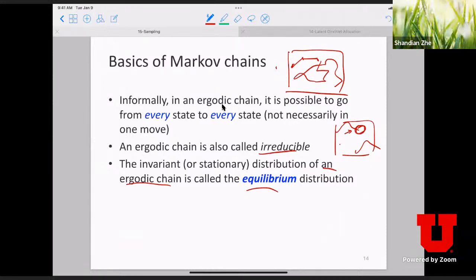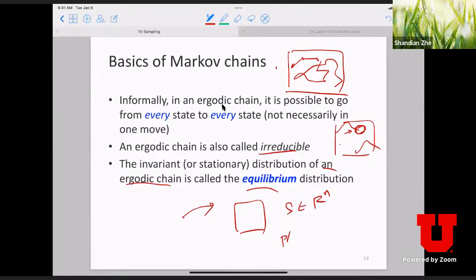So what's the exact definition of irreducible? Yes, the informal definition. The formal definition I cannot give you here because I cannot recite it. But basically, it is defined based on the jumping back probability. Like this is your state space, S, which might belong to R^n or might be a discrete space.